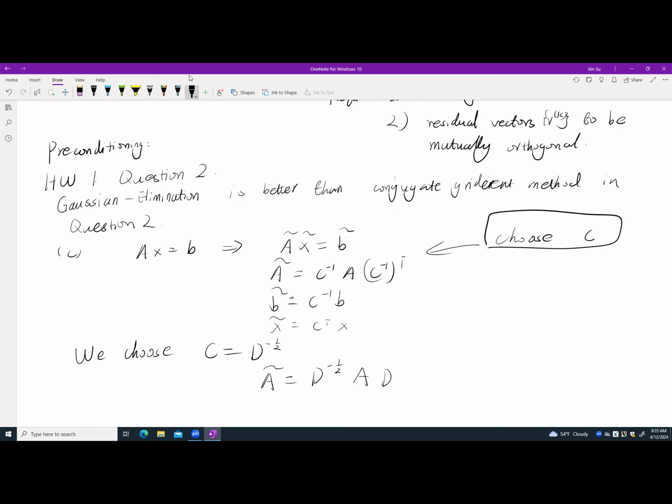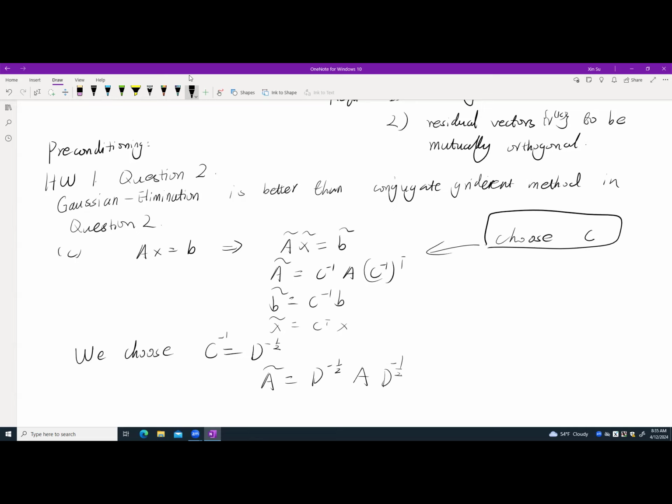If we are going to take the inverse, this should be the 1/2. Am I right here? Yes, this should be a -1/2 again. If you choose C to be this one, it should be the C inverse. If we choose C inverse to be D to the power of 1/2, you would expect that the condition number for the A tilde is close to 1.